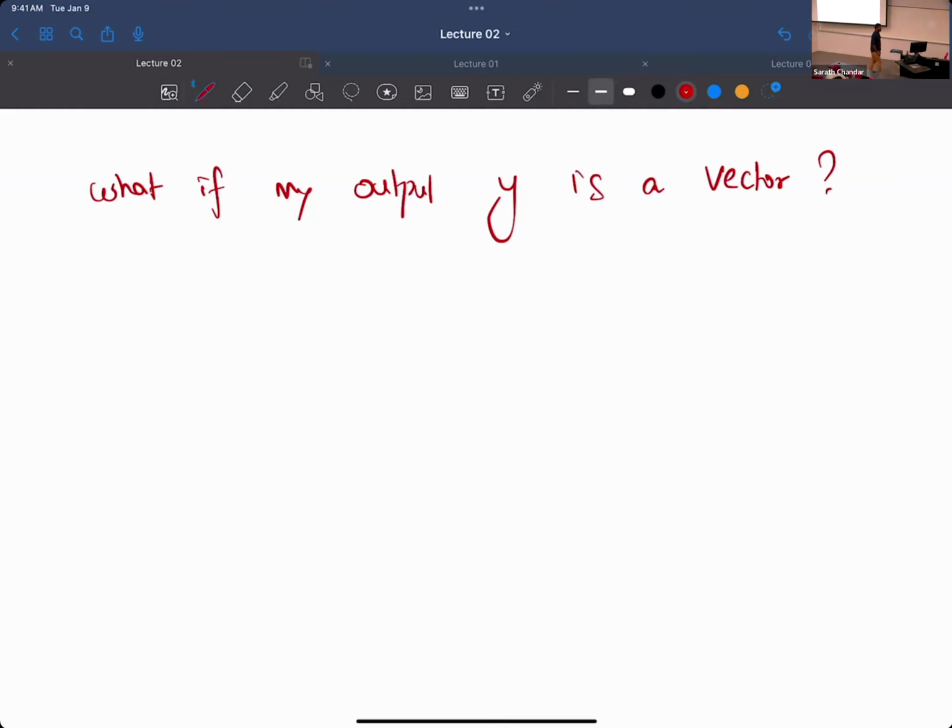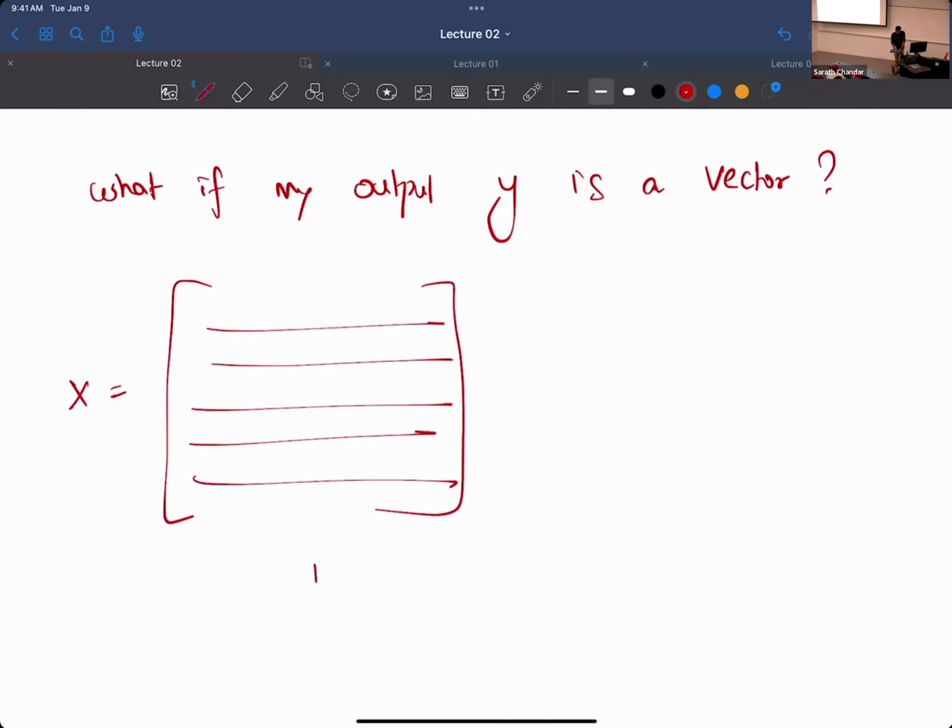So again, this is one of the benefits of switching to the matrix notation, okay? Because we are doing everything in the matrix notation, the solution is going to work out of the box even when y is a vector, okay? So when y is a vector, my x is going to be a data matrix, right? The x is the data matrix which has n cross p elements, right?